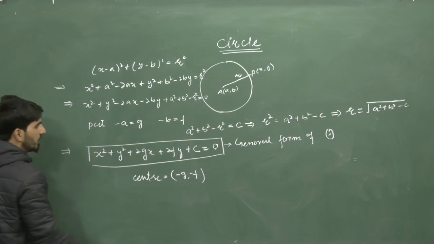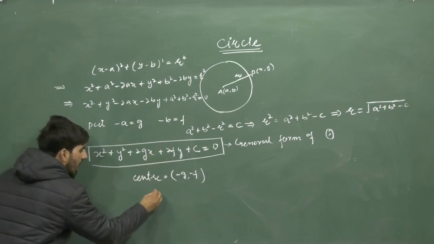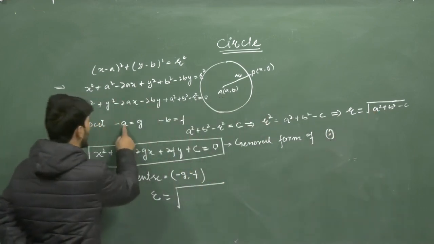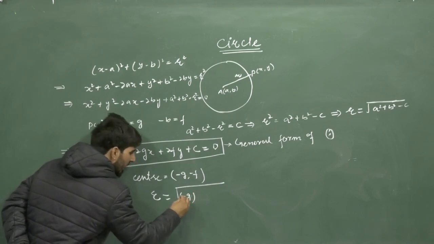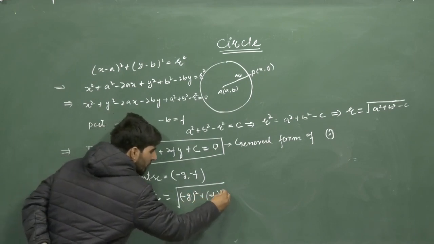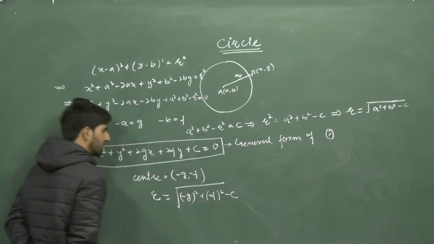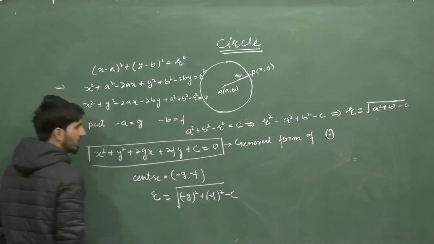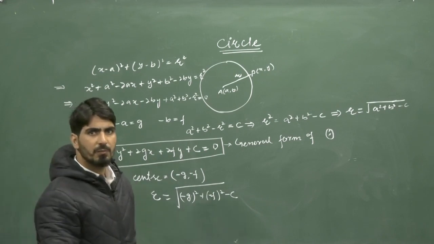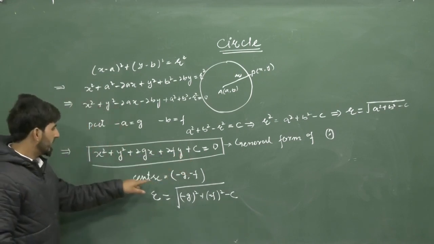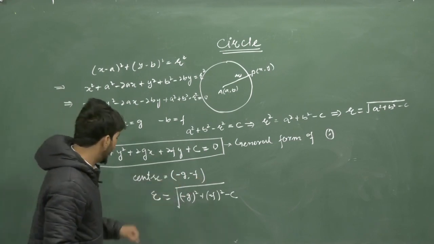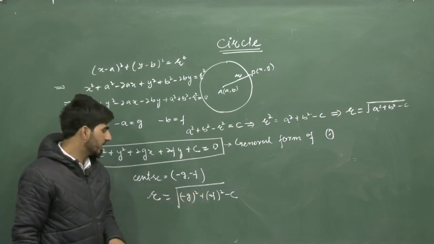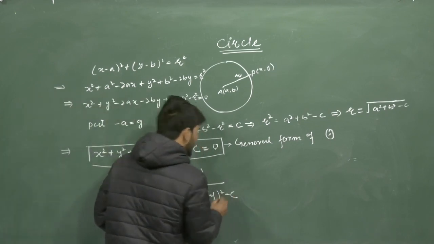So the radius of this general form of circle is r, which is equal to square root of, as we know that a is equal to minus g, so minus g whole square plus minus f whole square minus c. If we have an equation of circle of this form, then the center will be minus g and minus f, and radius is square root of g square plus f square minus c.